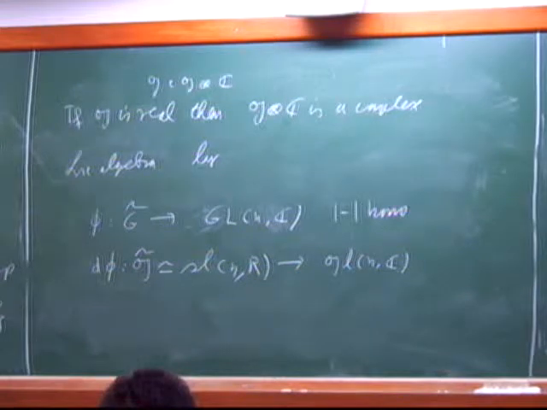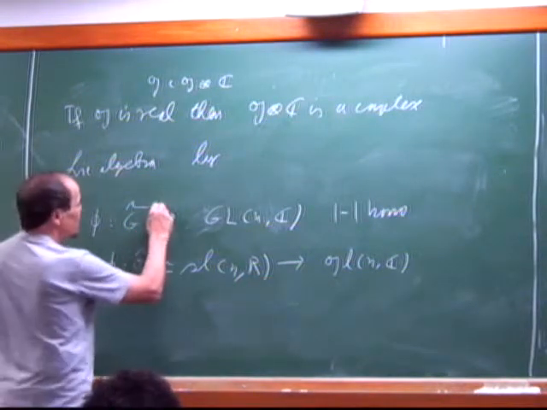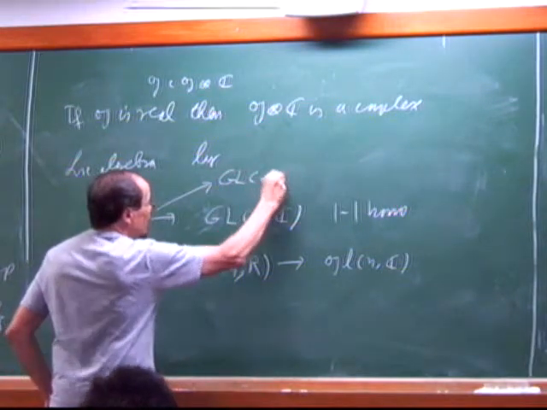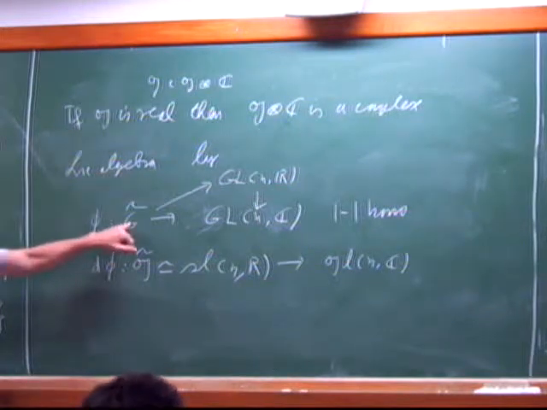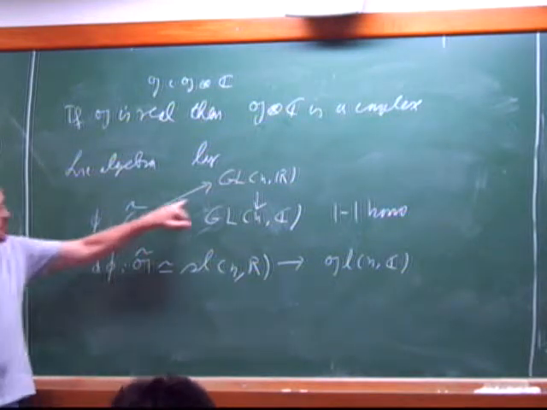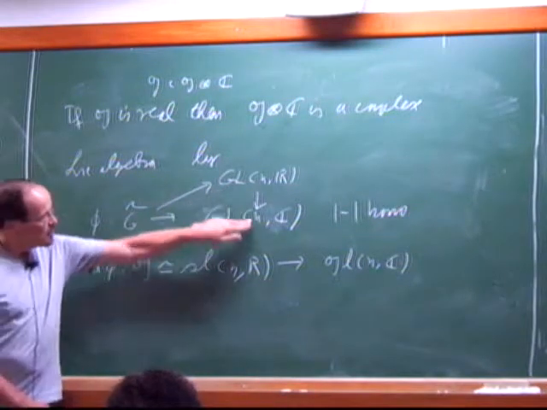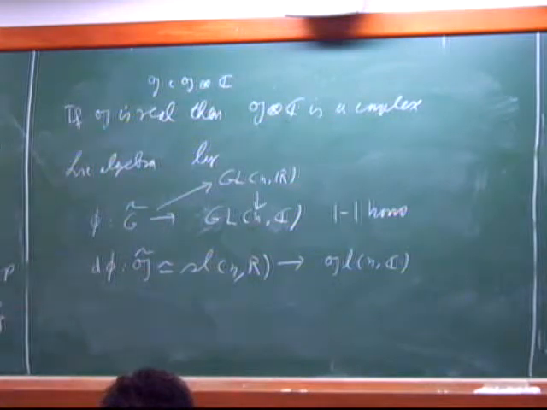Well, of course, okay, maybe this is a complex Lie group. This is not. Maybe the real statement would be there's no homomorphism of real Lie groups from this into this one which is injective. Of course, I can now go into here and forget that this is a complex Lie group and just regard this as a homomorphism.